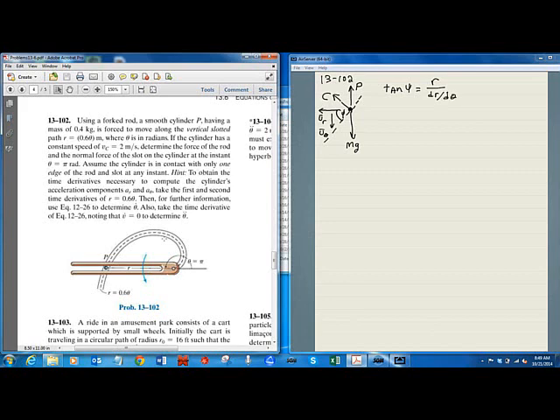In this particular problem, we're given an equation for the spiral, or whatever the thing is called, and it's r equals 0.6 theta. So the derivative of r with respect to theta is equal to 0.6.